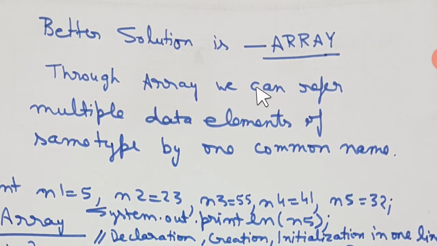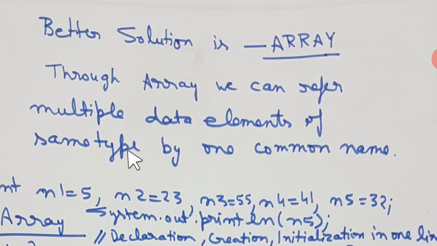Through an array we can refer to multiple data elements. What I said, multiple data elements, means more than one data element of the same or similar type. When I say type, I'm talking about the data type. If the elements are of int type, all of them are integers. For characters, char type. For a string type array, string type.